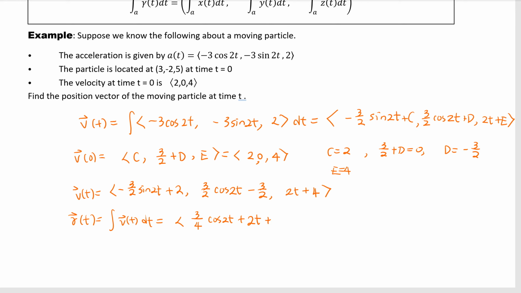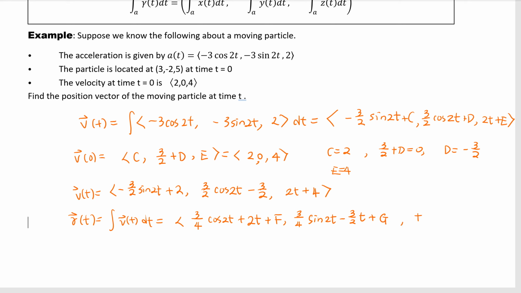So c, d, e, okay, f. And then integral of cosine is sine. So we have 3, but there's one more copy of 2 at the bottom, so 3/4 sine 2t, and then we have 3/2 t plus another constant g.